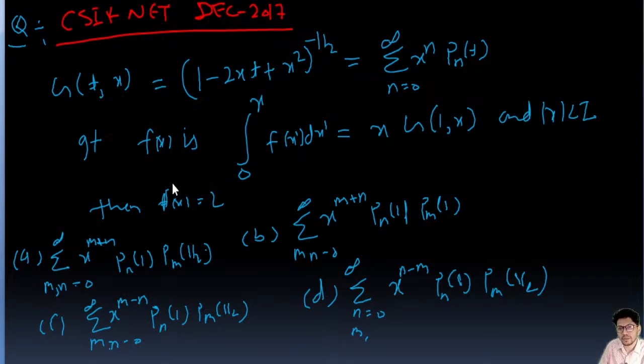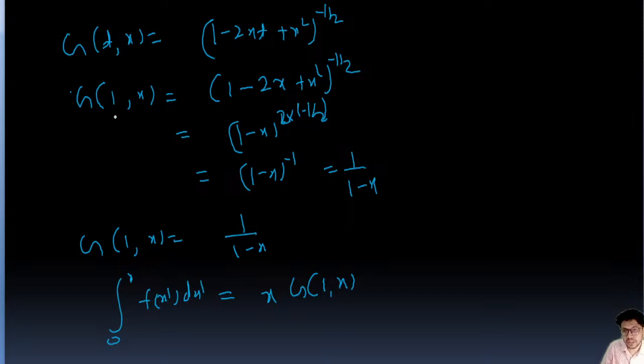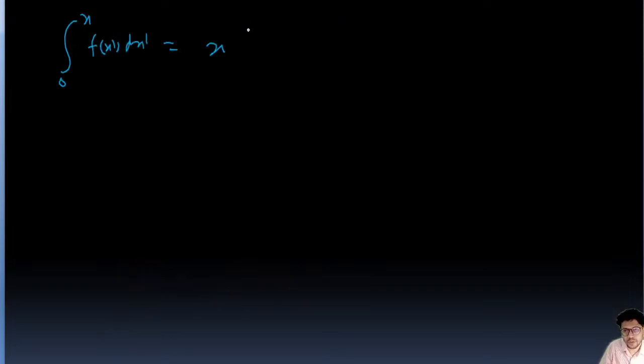So we'll put this value of G(1,x) in the equation. So the integration from 0 to x of f(x') dx' is going to be x, and the value of G(1,x) we have found, that is 1 upon 1 minus x. So this value is going to be x upon 1 minus x.